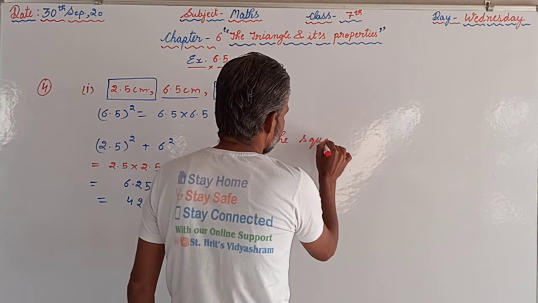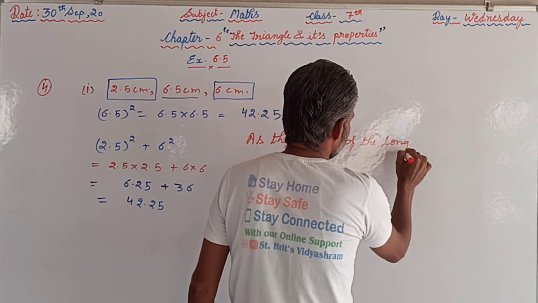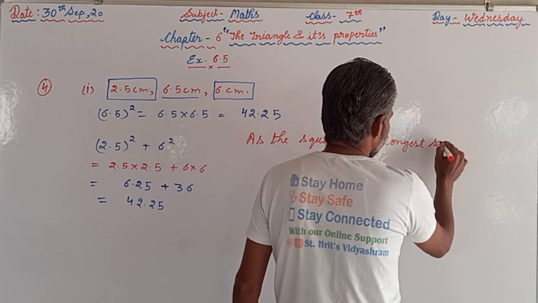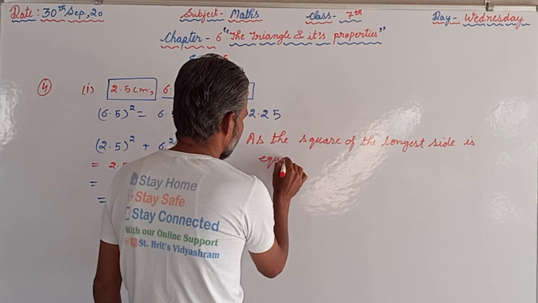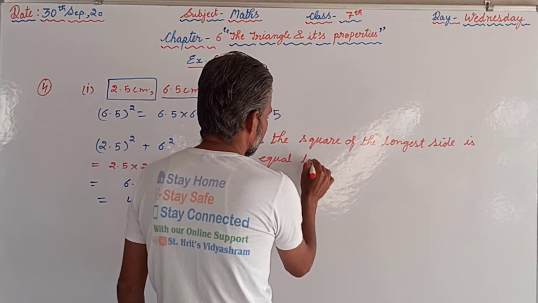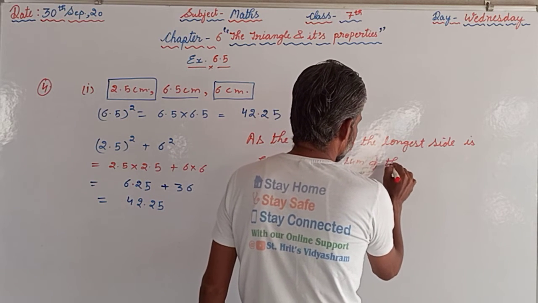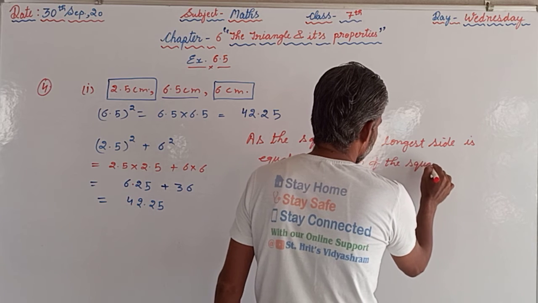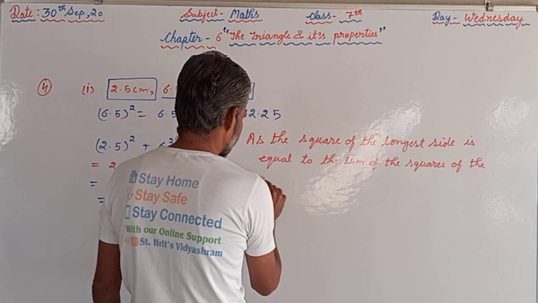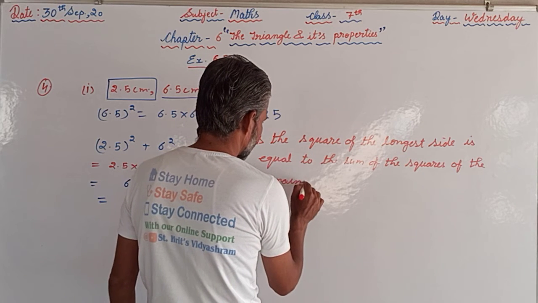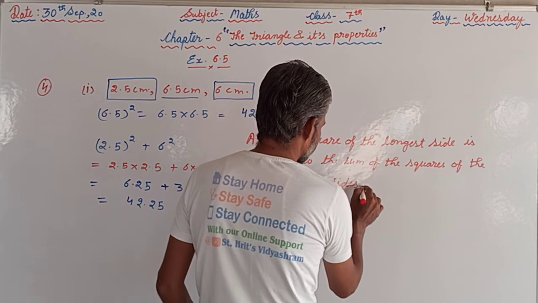the square of the longest side is equal to the sum of the squares of the remaining sides.